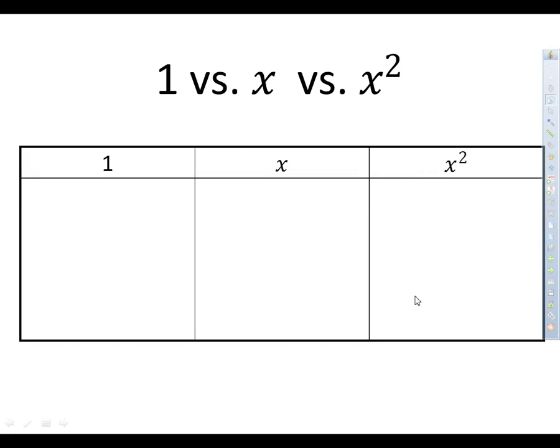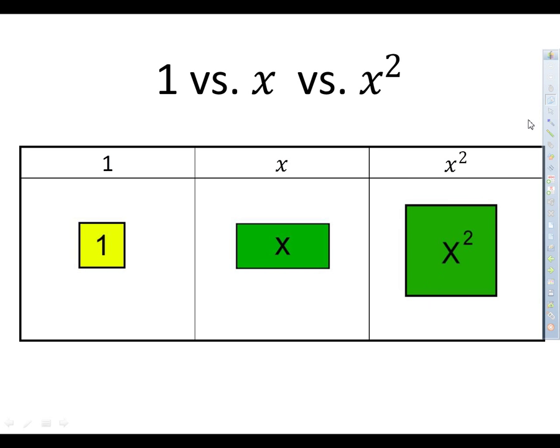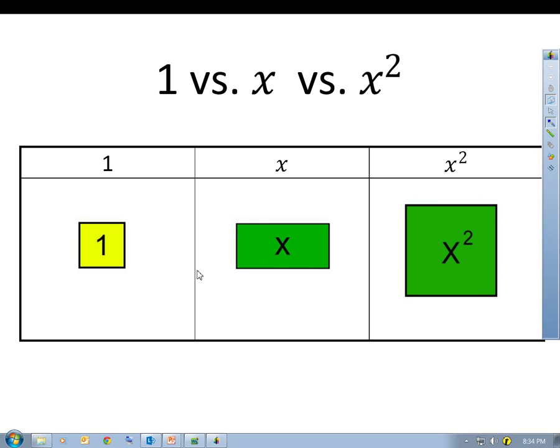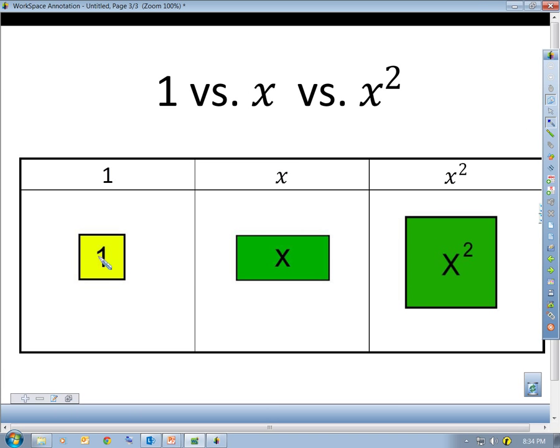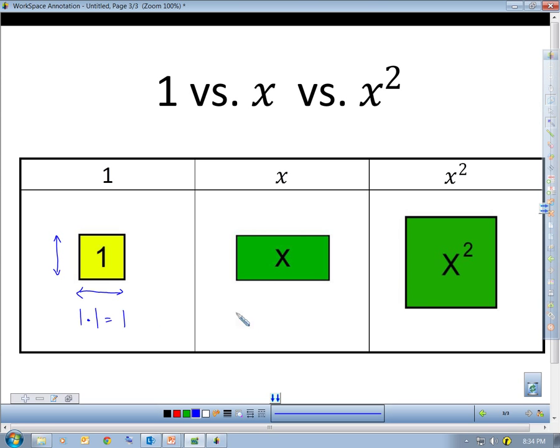Let's go ahead and take a look at a visual representation of each one. The number 1 is represented by a 1 square. Its height is 1, its width is 1, and 1 times 1 makes 1. The x is represented by the green rectangle.